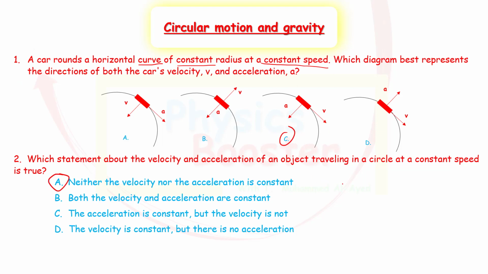Well, yes, they are constant in magnitude, but they are always changing their direction. Because they're always changing their direction, this means that they are variable. So the tangential velocity and the centripetal acceleration are both variable because they keep on changing direction. So that's why the answer is A. We're going to write this down: they keep on changing their direction, so the answer is A.